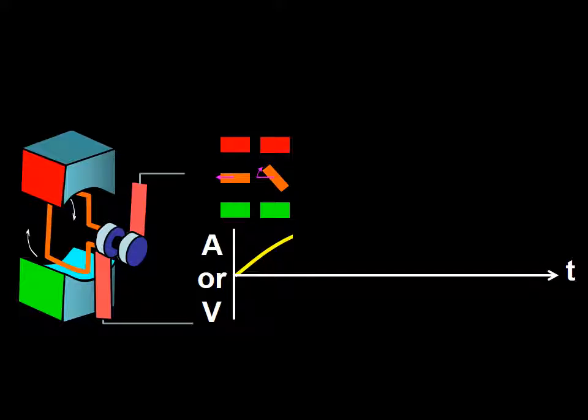So, as the wire turns and its position changes in respect to the magnets, electricity is generated in the form of a slow changing wave. This slow changing wave is called a sine wave. This wave slowly increases in amplitude, reaches its peak, and then it starts going back towards the zero line.